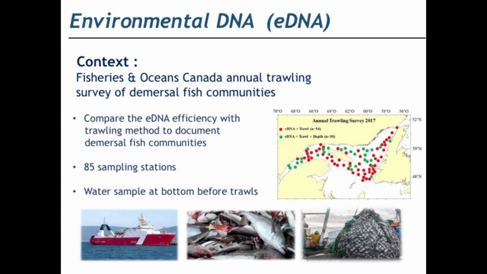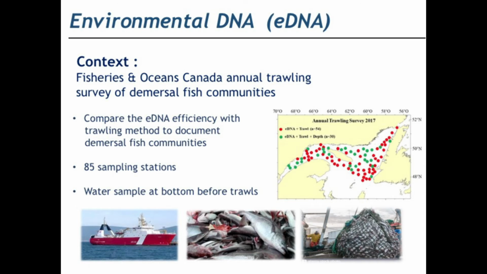Okay, so closer to us, this is work I've done with the Department of Fisheries and Oceans, again using this eDNA community approach. Here the idea was to compare the eDNA efficiency with the trawling method that Fisheries and Oceans do annually in the Gulf of St. Lawrence to document the demersal fish community.